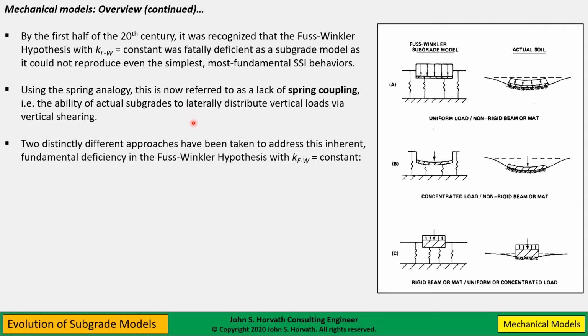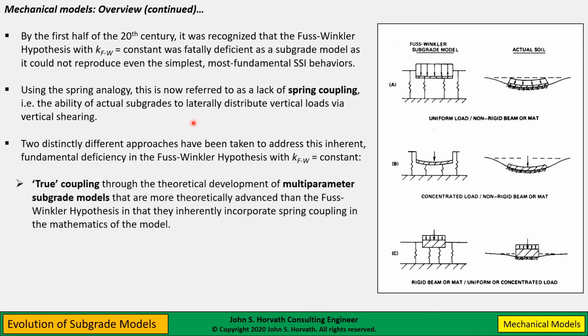Well, there's two approaches to dealing with this lack of spring coupling. One is what I call true coupling, and this is the development of multi-parameter mechanical subgrade models that inherently incorporate spring coupling in the mathematics of the model.